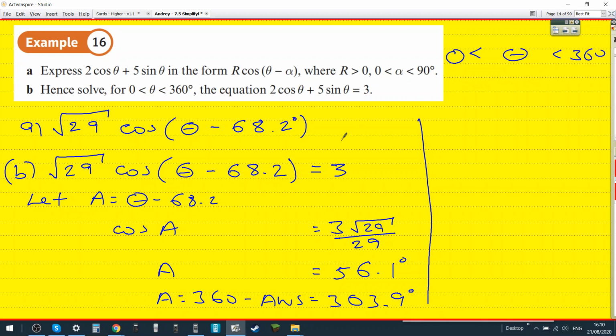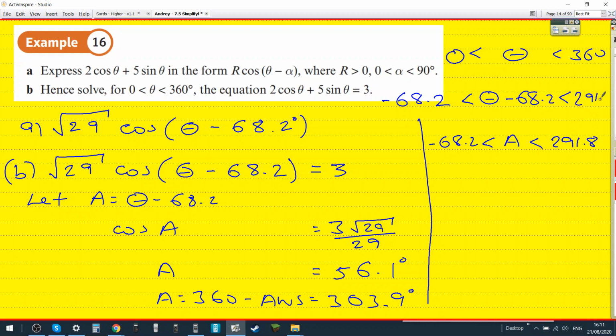We have theta minus 68.2, and so what is that between? Minus 68.2 and 291.8.